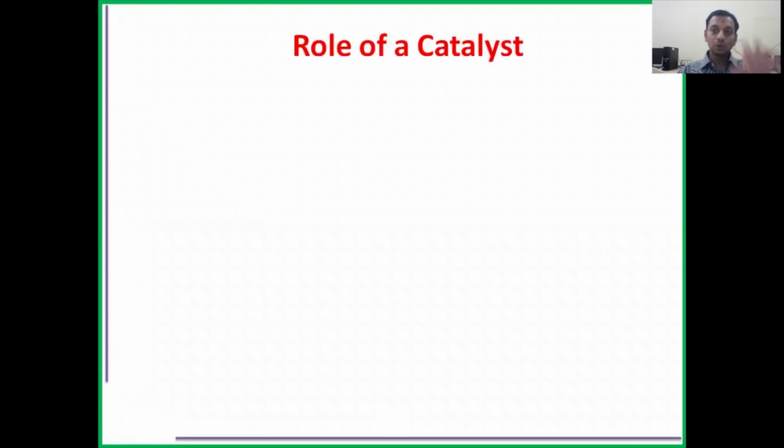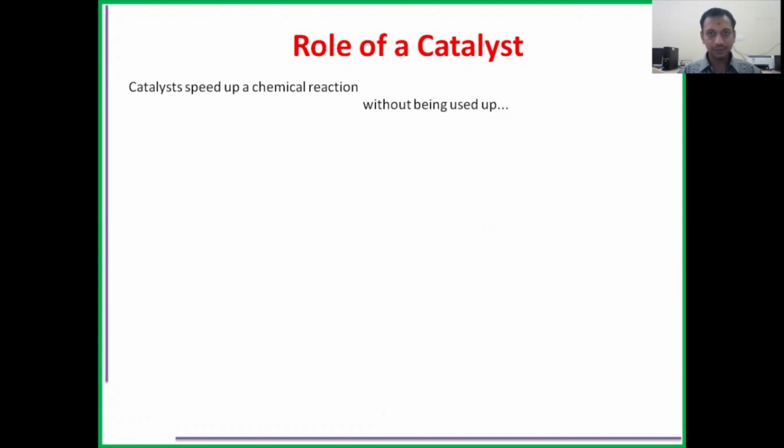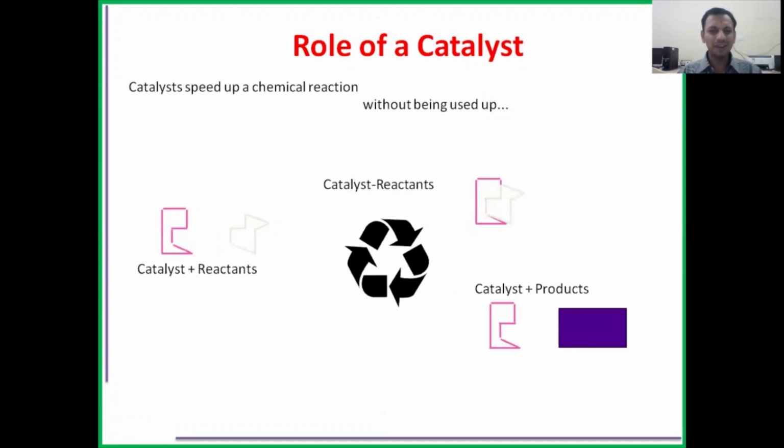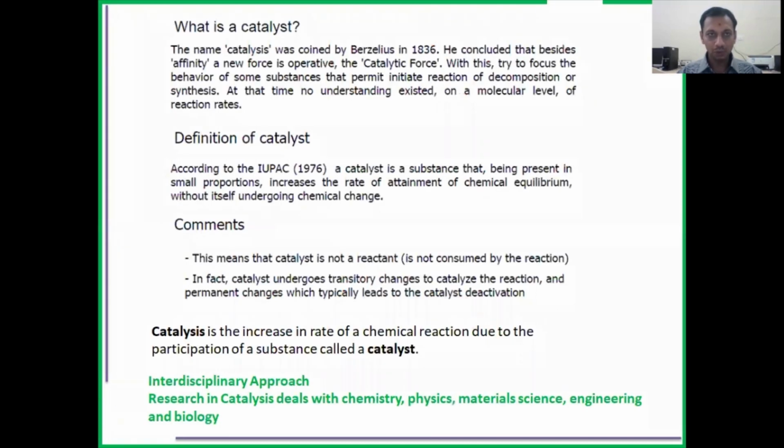So here is the role of the catalyst. A catalyst speeds up chemical reactions without being used up. Everyone knows this now; we have been learning these things since school days, so I'm not going into detail on this topic. But what is a catalyst? The name catalyst was coined by Berzelius in 1836. This is for information.